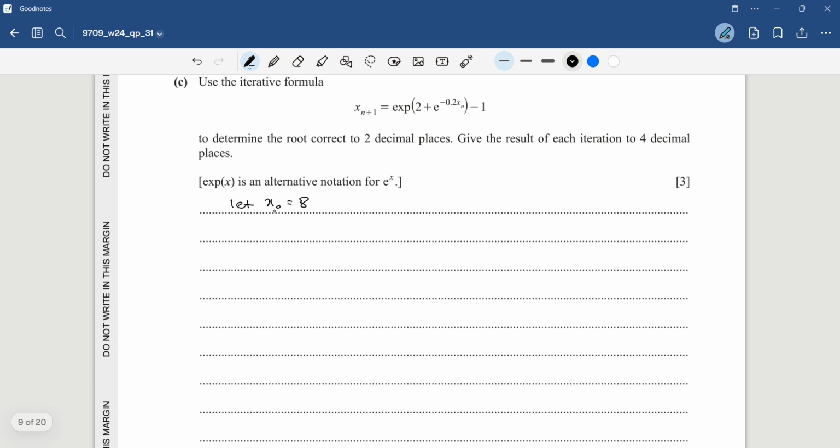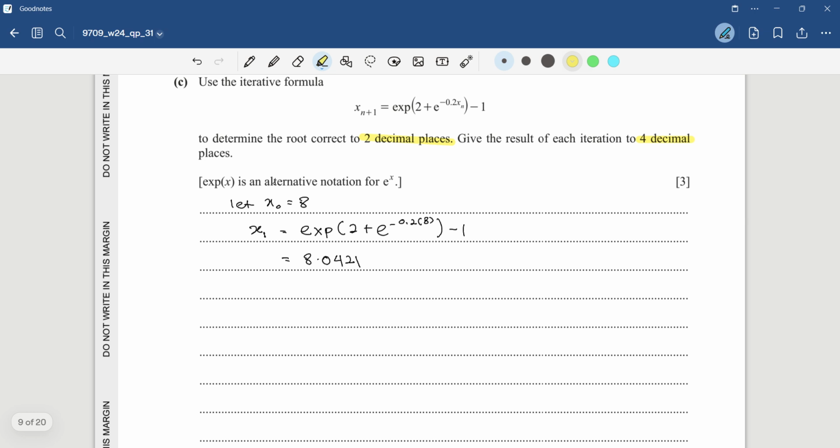So x1 is equivalent to exp of 2 plus e to the negative 0.2 times 8, minus 1. So I get here 8.0421. Take note, the question said the iteration should be 4 decimal places and the answer is 2 decimal places.